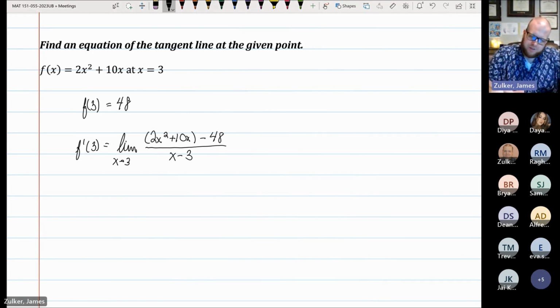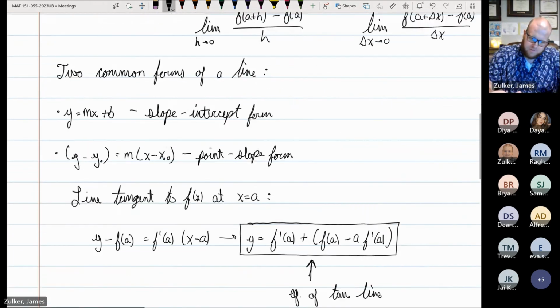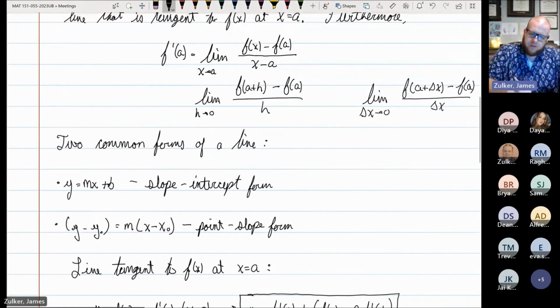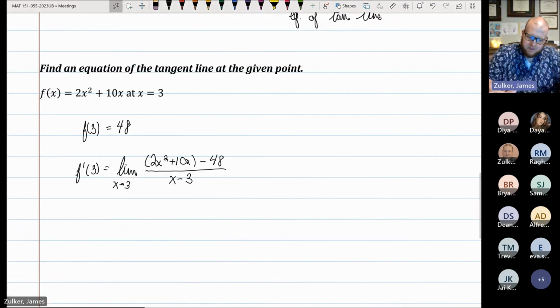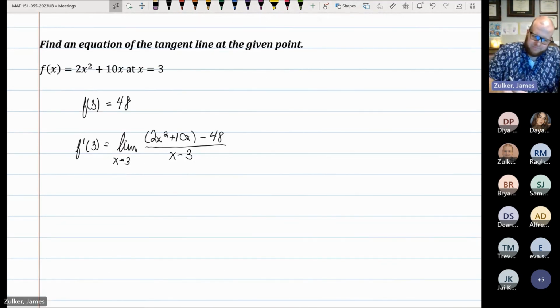Now you should notice that by its very definition, this formula for the derivative always gives indeterminate form if you do substitution. So you always have to perform algebra. Go ahead and factor out a 2 from the numerator.